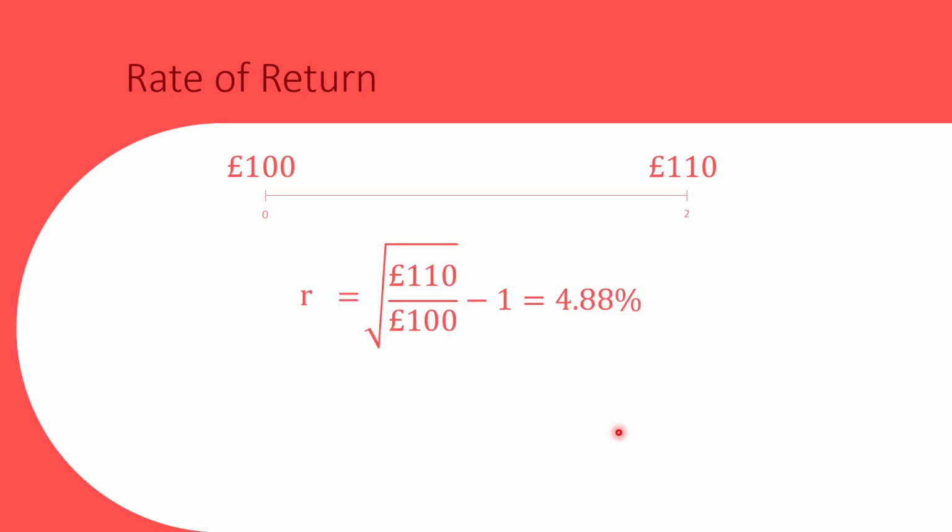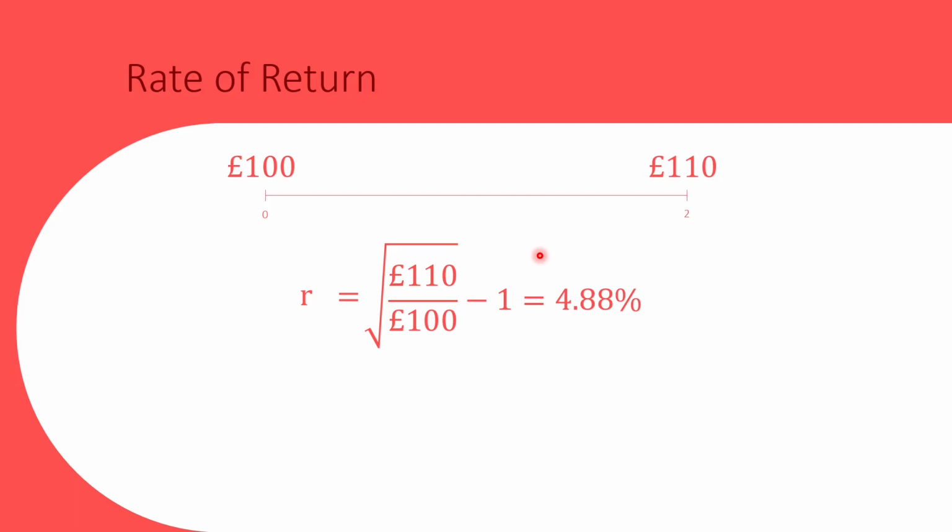Now, there's a way of checking that what you have done is correct. We've just said, if my present value is 100 and I want to get 110 in 2 years' time, then I need a rate of return of 4.88%.